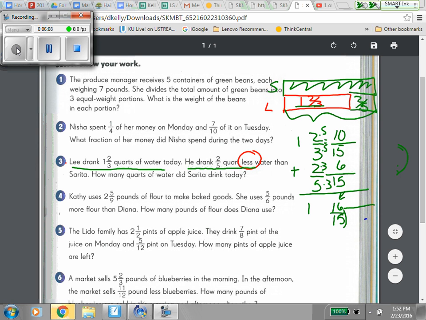So let's turn this into a mixed number. How many 15s are in 16? 1. And 16 take out 15 is 1. Remainder 1, so 1 and 1/15. So 1 and 1/15 plus the 1 equals 2 and 1/15. So Sarita drank, in the statement sentence, 2 and 1/15 quarts of water today.